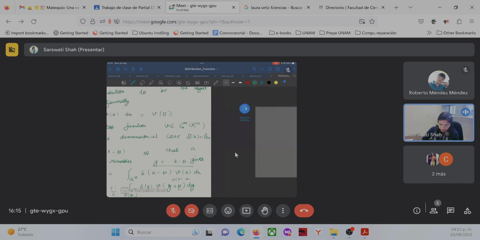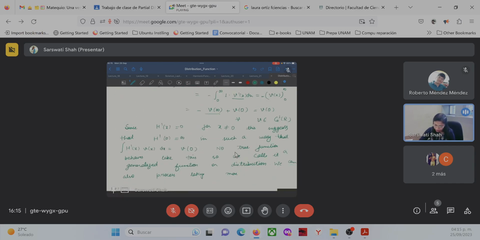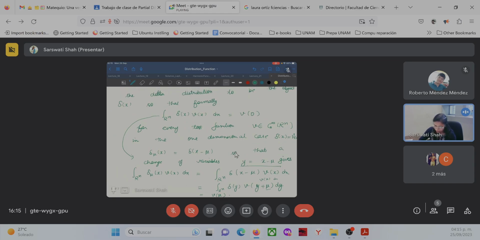We can see that we have defined the delta function and its distributional derivative with the help of this test function. And also we can see that this distributional derivative is giving us a single value. V of mu is a single value, a constant value for every mu.